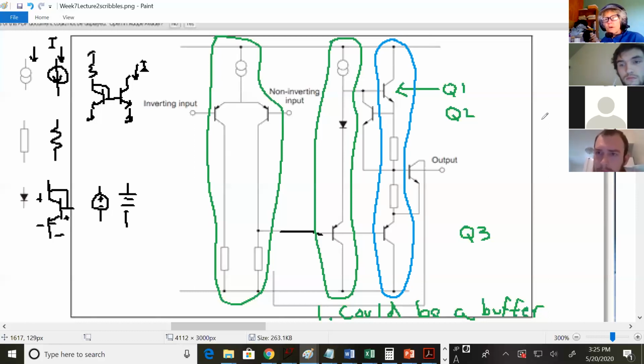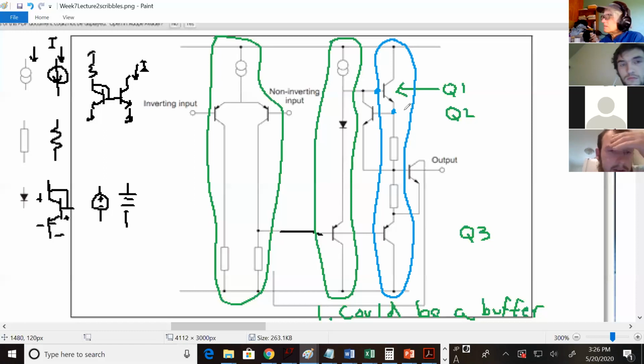For a push-pull output stage, to figure out the voltage that you need between the two bases, you can travel inside the push-pull from the base of the top one to the base of the bottom one. If I go from here to here, how much has the voltage changed?